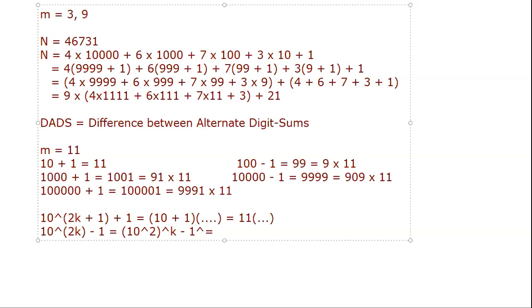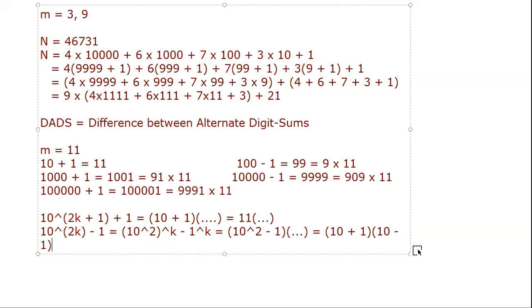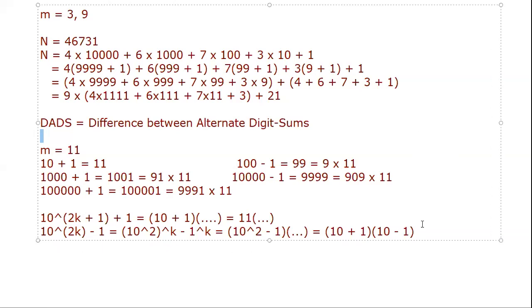Okay, you can think of it as this. It will have a factor of 10 squared minus 1, and you can even split it further. It is 10 plus 1 times 10 minus 1, an application of a squared minus b squared.